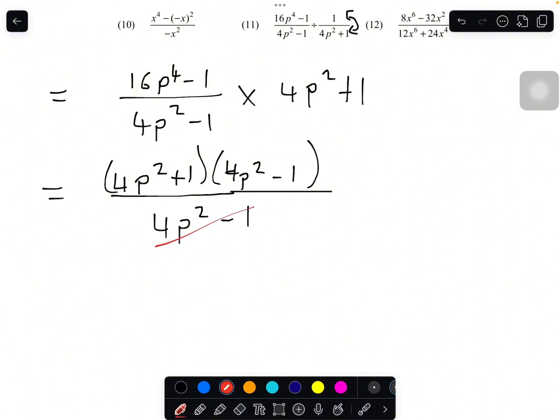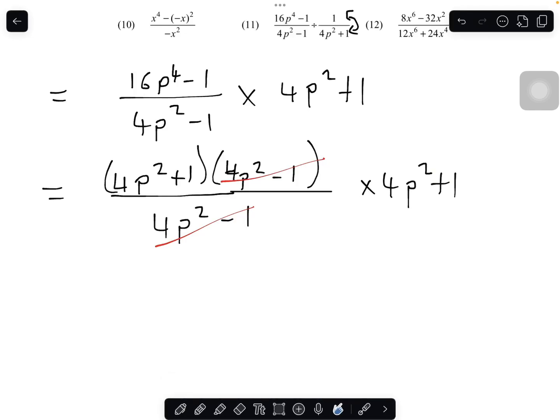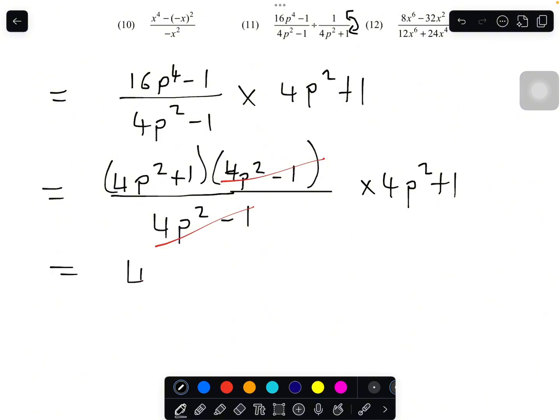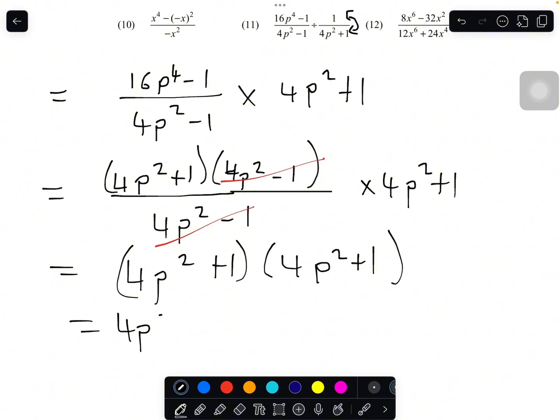You can see that this is going to cancel out with this, and I'll have times 4p squared plus 1, which will then mean I have 4p squared plus 1 into 4p squared plus 1, which will just be 4p squared plus 1 all squared.